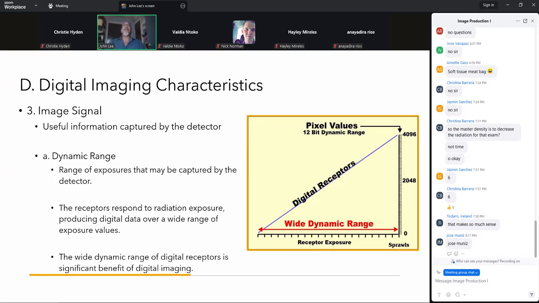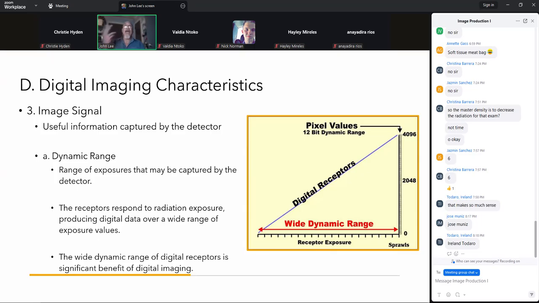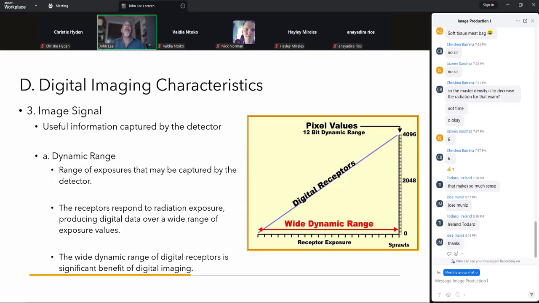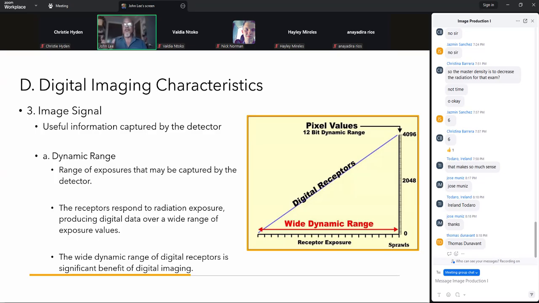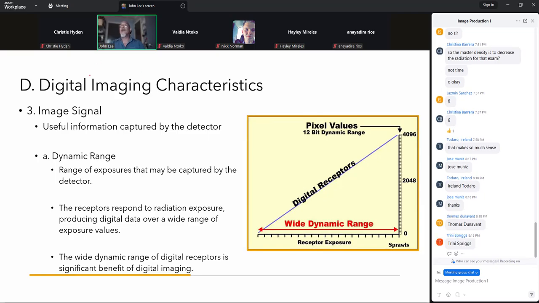The image signal, a useful image captured by the detectors. The dynamic range refers to the range of exposures that a system can respond to. The more levels of exposure that the system can represent, the wider the dynamic range.